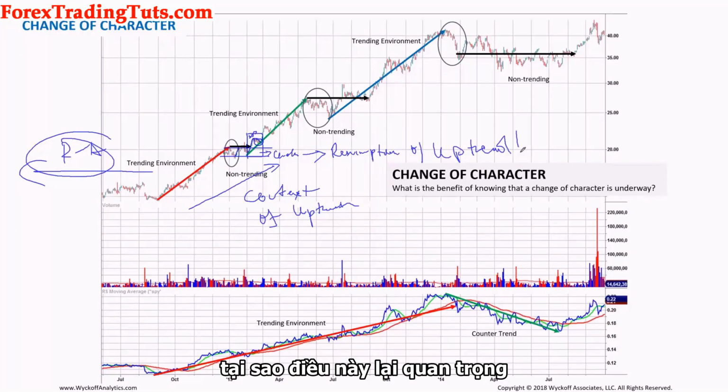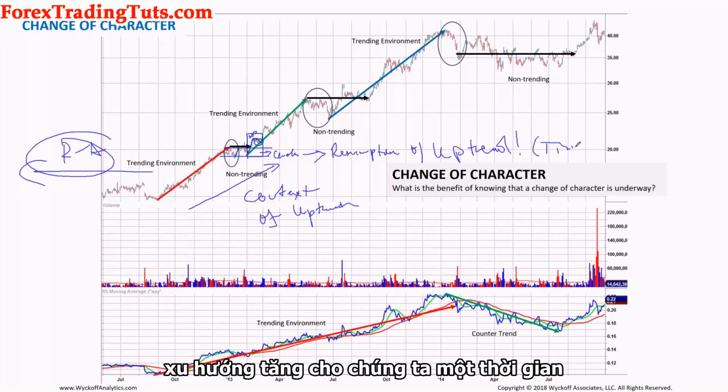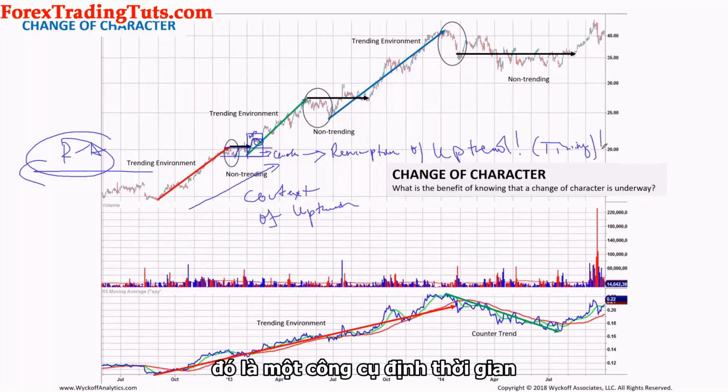Why is this significant? Well, because this is where we're going to originate our positions. This resumption of the uptrend gives us a timing. It's a timing tool to consider that now is the time to go in and open the position.